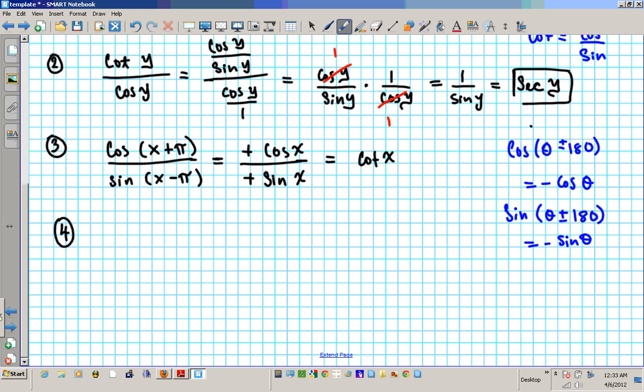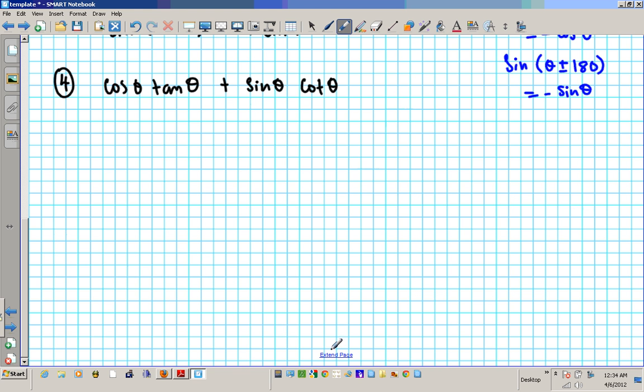All right. Number 4. Let's take a look at this. What if we had cosine theta times tan theta plus sine theta times cotangent theta? Whenever I'm simplifying using trig identities, I like to express everything in terms of the parent functions sine and cosine, because every other trig function comes from these two.